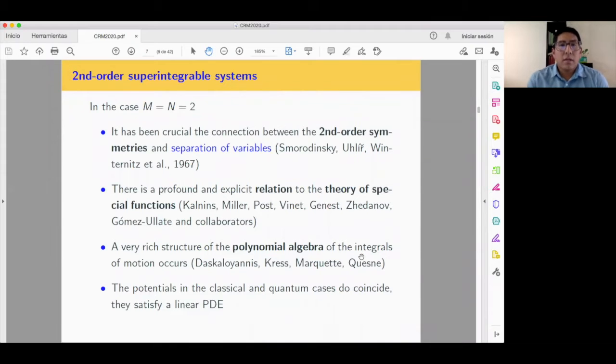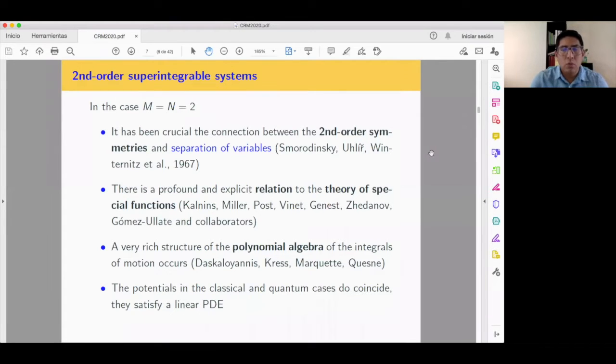Let me give the main properties of second-order superintegrable systems. It means that in addition to the Hamiltonian, the two integrals are of order 2 in the momentum variables. From the very beginning, a remarkable connection was found between second-order symmetries and separation of variables.